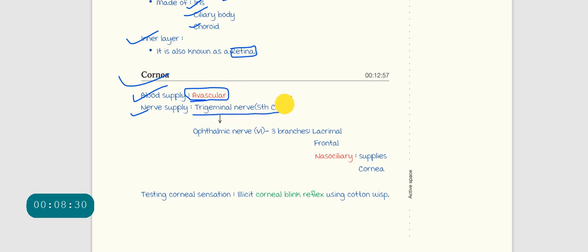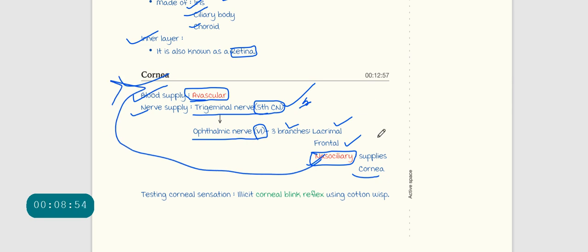The ophthalmic nerve has three branches: lacrimal, frontal, and nasociliary. So nasociliary is going to supply the cornea. Very, very important, students. The branch of the ophthalmic nerve which supplies the cornea is nasociliary.